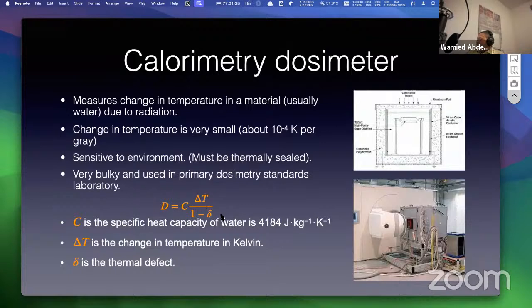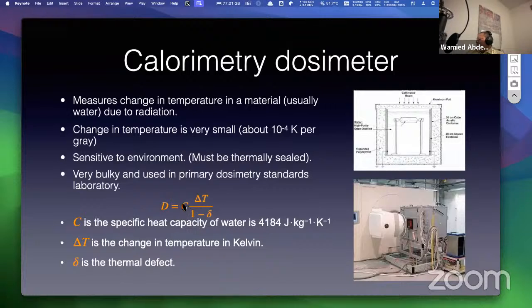The dose equation looks very simple. C is the specific heat of water. The nice thing about this quantity is that you can establish it without radiation. It has been known for a while from thermodynamic experiments, physics experiments without ionizing radiation, that determined the specific heat capacity of water.